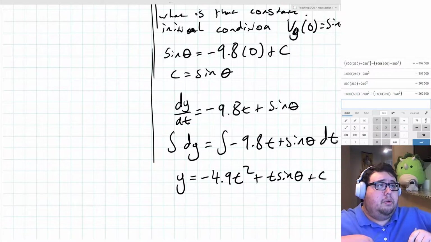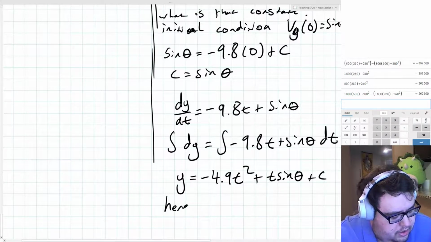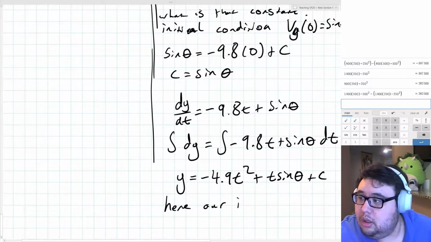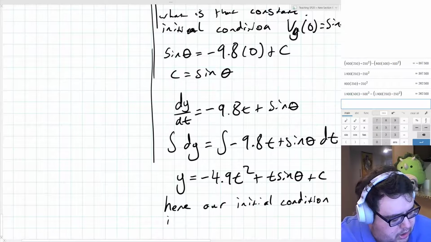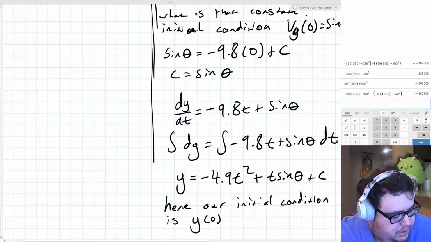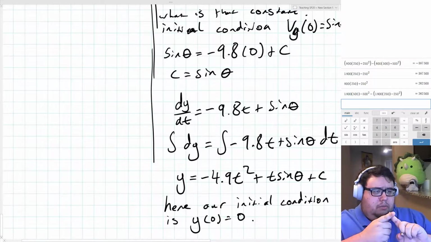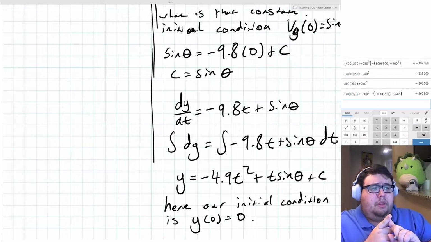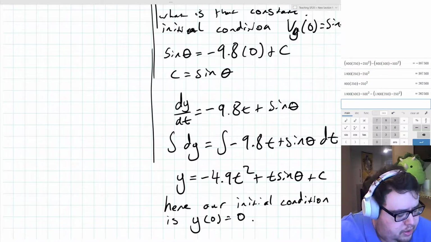This constant here, we can also solve for using an initial condition. Here, our initial condition is y of 0 is equal to 0. At the instant we fire our projectile, the height will be 0 because it won't have gone anywhere yet.